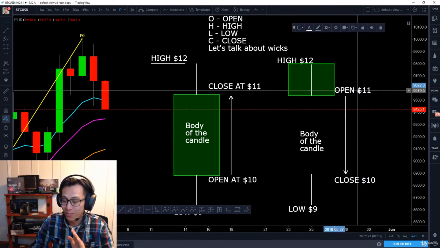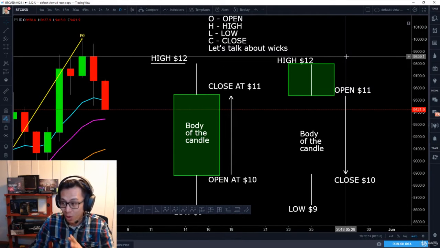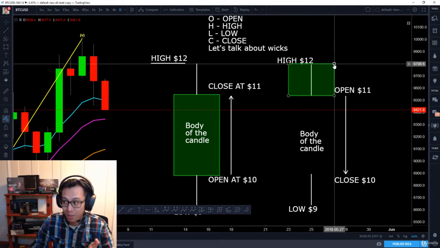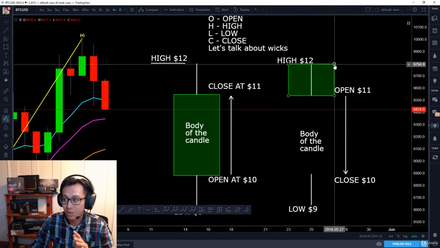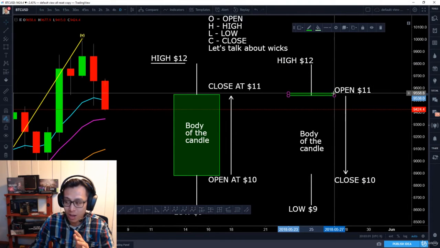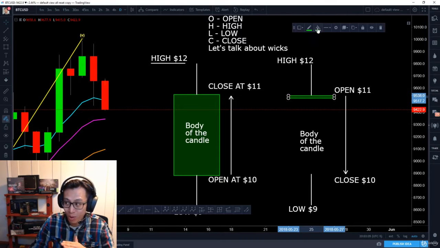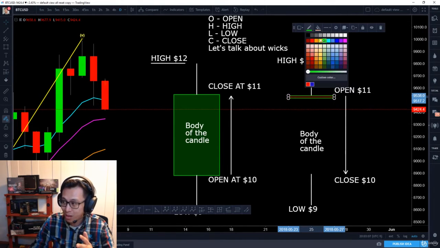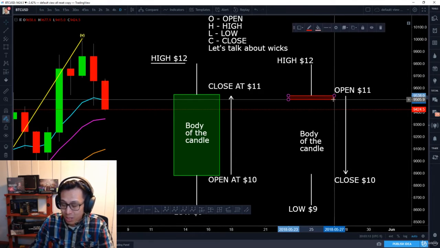So the open would have been $11, and if it had finished there, the close would have been $12. But because the bulls could not sustain it, it's green, green, green. Now the bears push it back down. When it gets past the point that it opened, that is where the candle starts to turn red. Okay? So that's what happened.